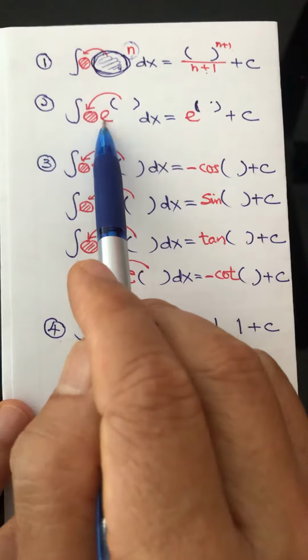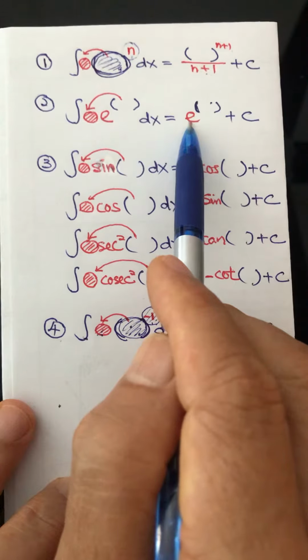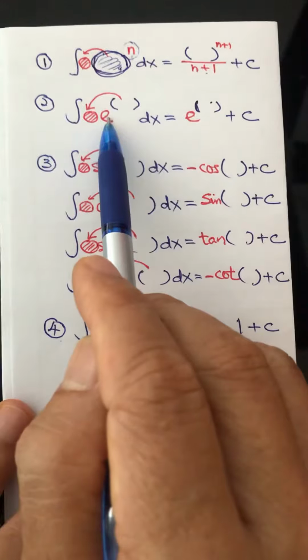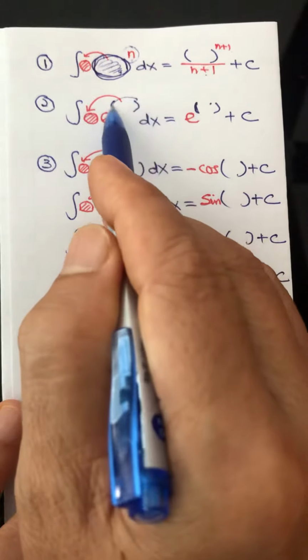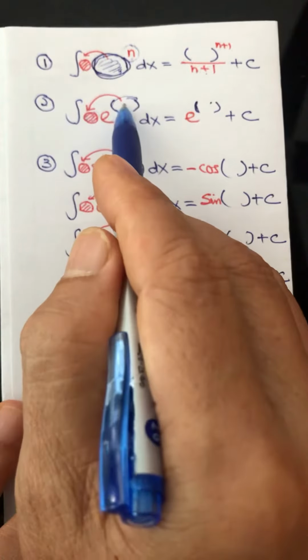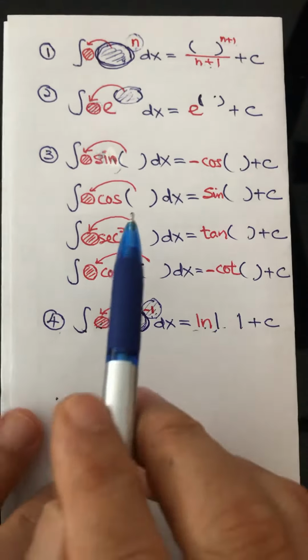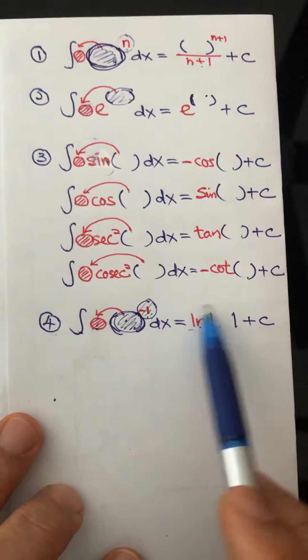So this function will get back the same function, exponential, and the bracket has no change. Again, this bracket you have to differentiate. That means you must get something else here. Okay, all this we call the trigonometric functions.